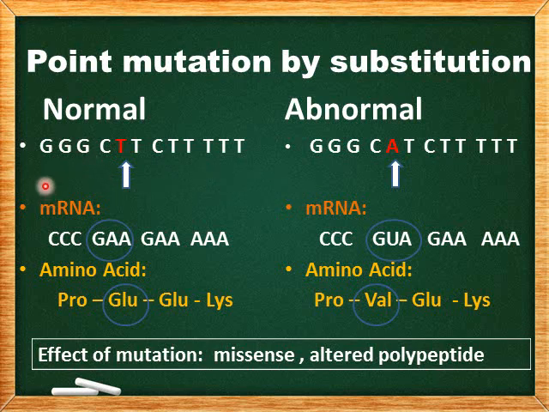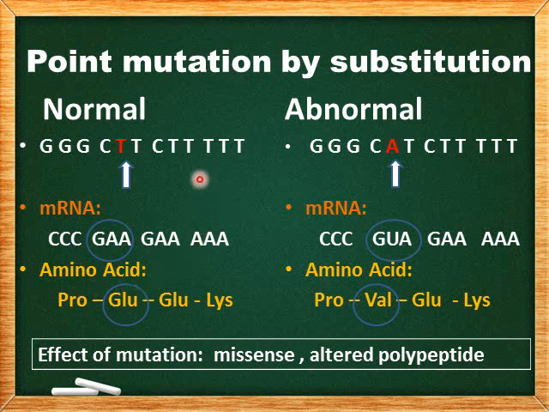Now you know that the sequence of nucleotide of a DNA is responsible for transcribing a messenger RNA, which in turn is responsible for the synthesis of protein by finding the certain sequence of amino acids.